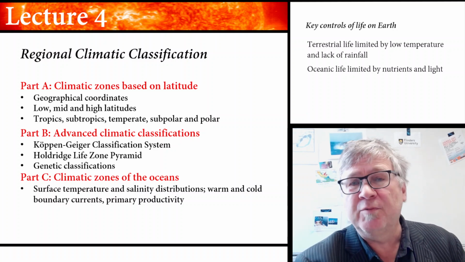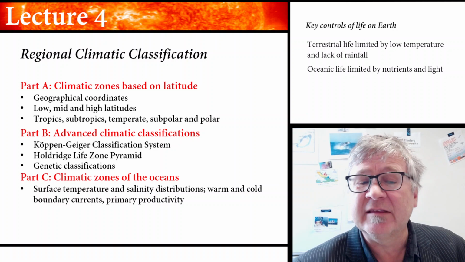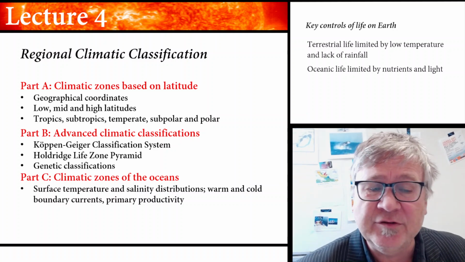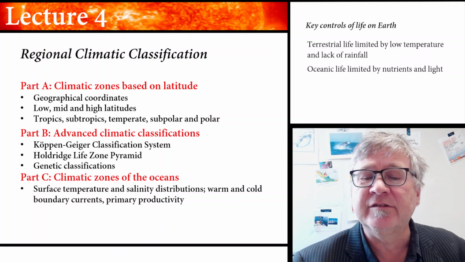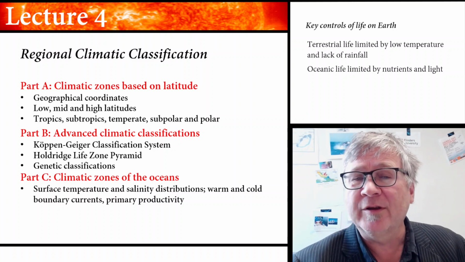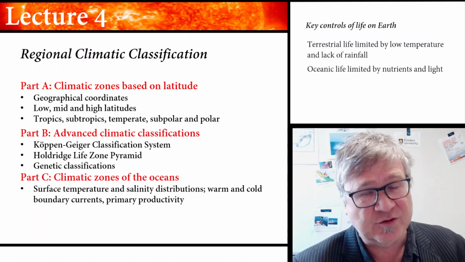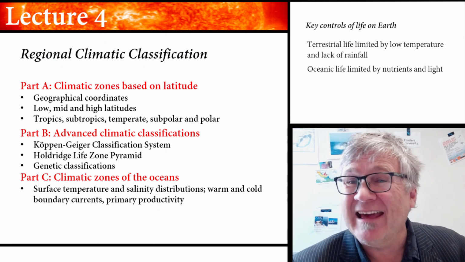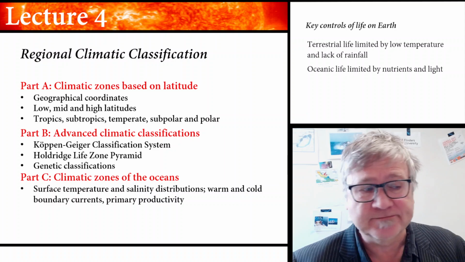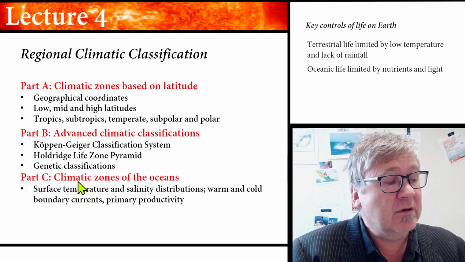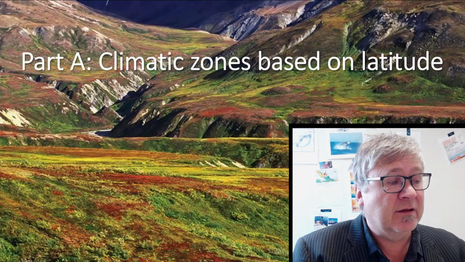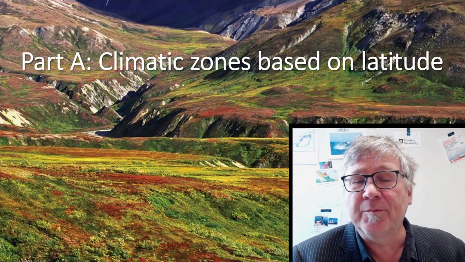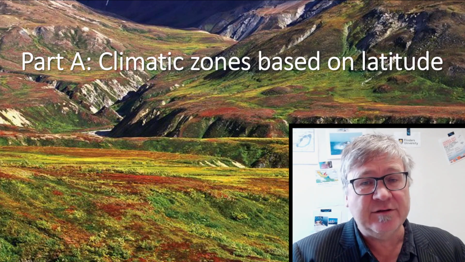But it's important to talk about the oceans as well, and that's why I want to use the opportunity here to introduce you to surface temperature and salinity distribution, to warm and cold boundary currents, and we're also talking about the plankton productivity in the ocean. So let's get started with part A, talking about climatic zones based on latitude.